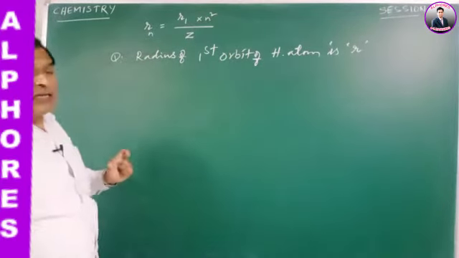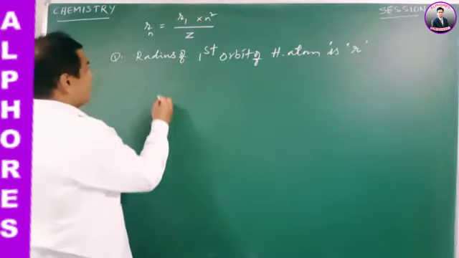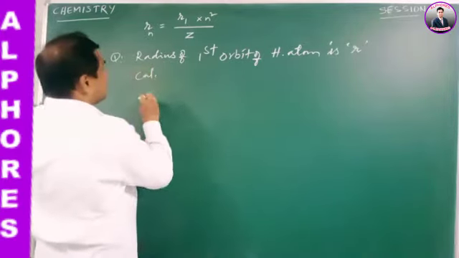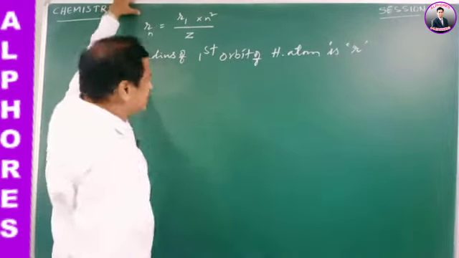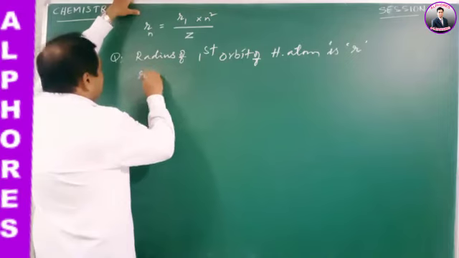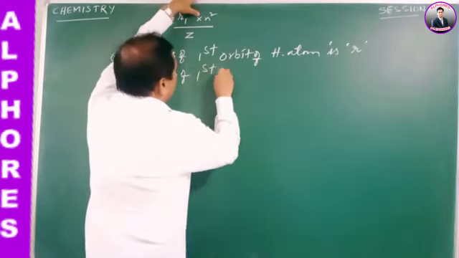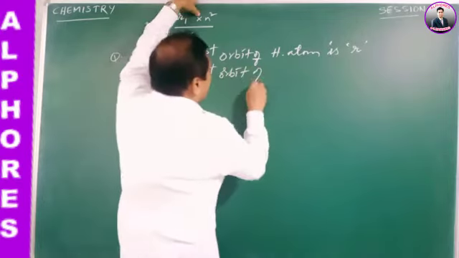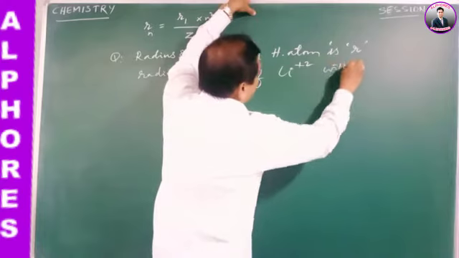What is the radius of the first orbit of Li 2 plus ion? Okay, calculate, that means the radius of the first orbit of Li 2 plus will be how much?